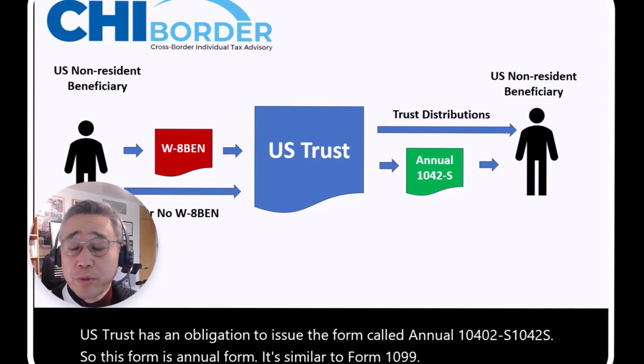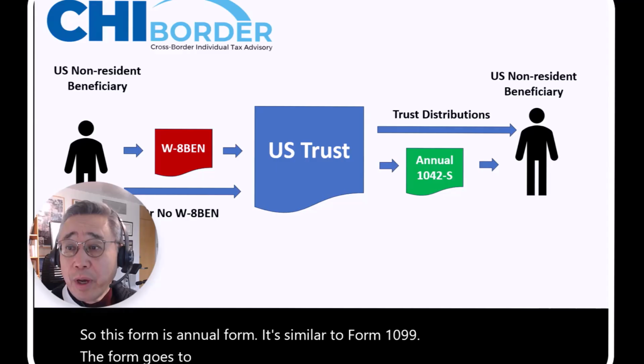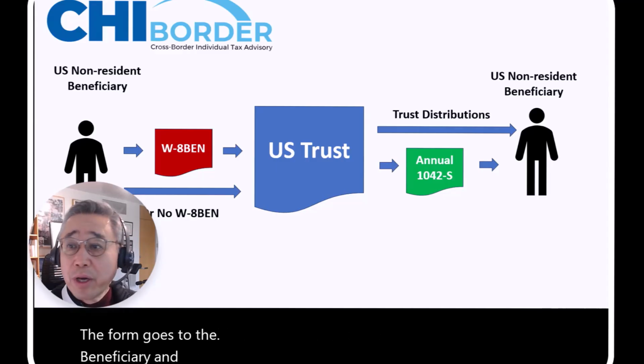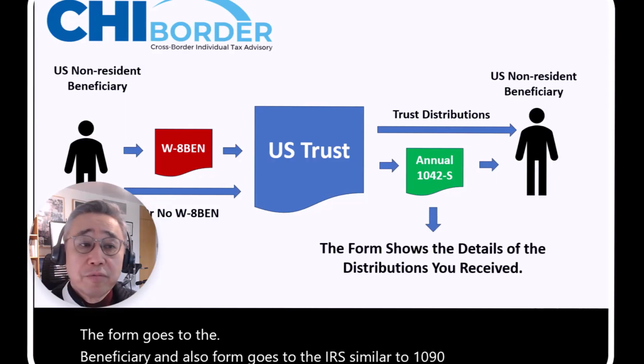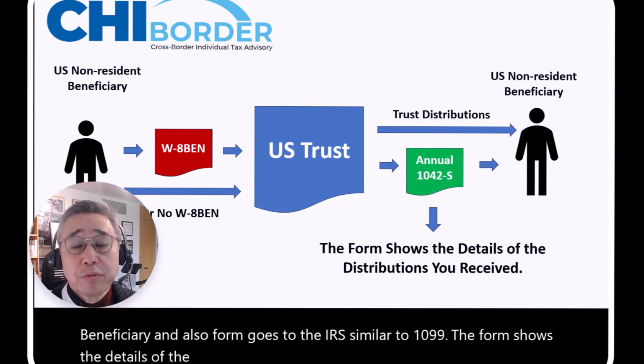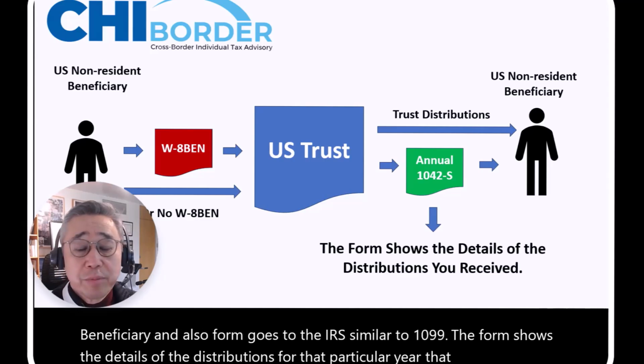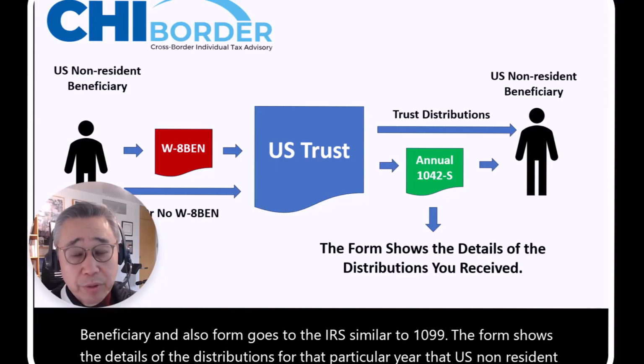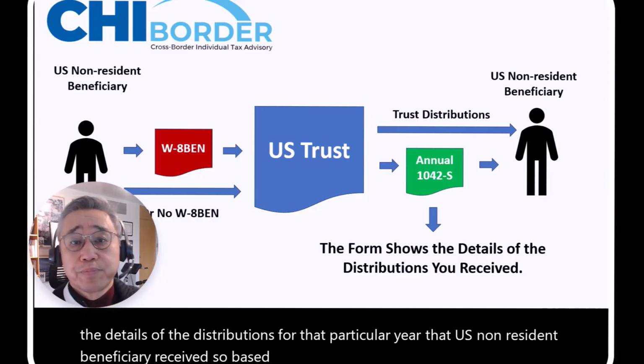The form goes to the beneficiary, and also goes to the IRS. Similar to 1099, the form shows the details of the distributions for that particular year that the U.S. non-resident beneficiary received.